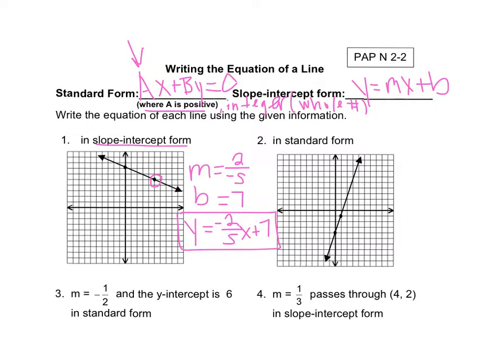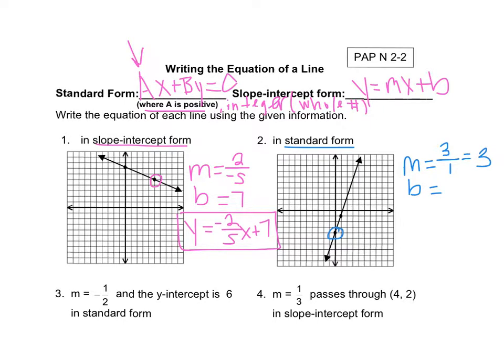Okay, so number 2, it wants it in standard form, but you're still going to have to find the same two things from the graph, the slope and the y-intercept. So pick a point. I'll pick that one. It goes up 1, 2, 3. And goes to the right 1, so overall that's a positive 3.